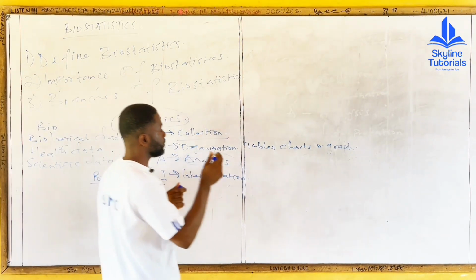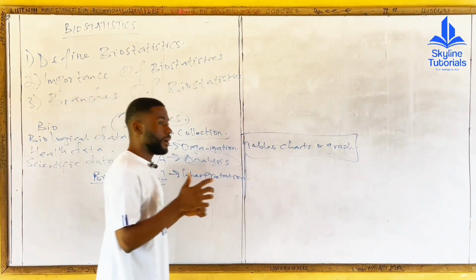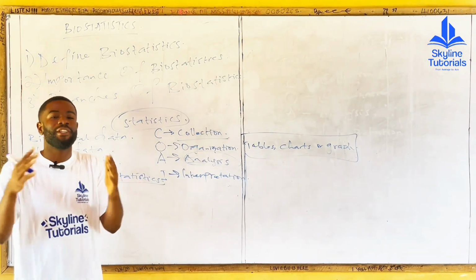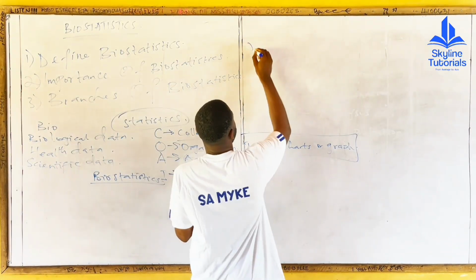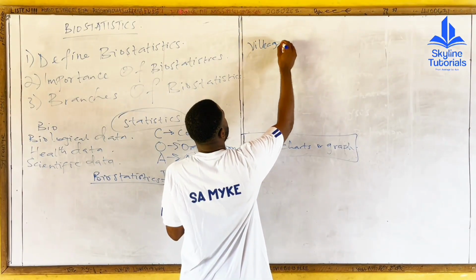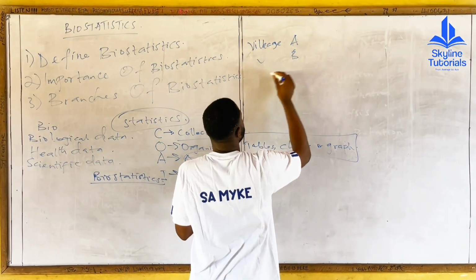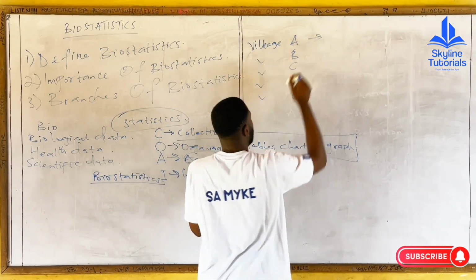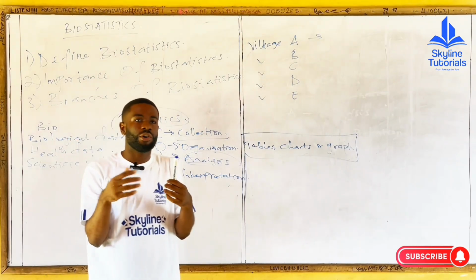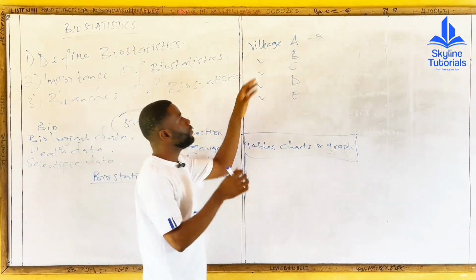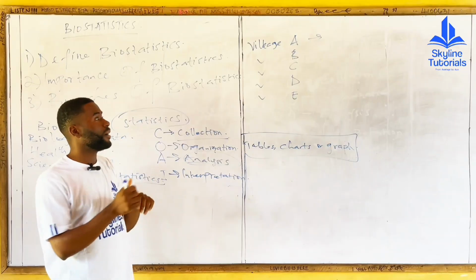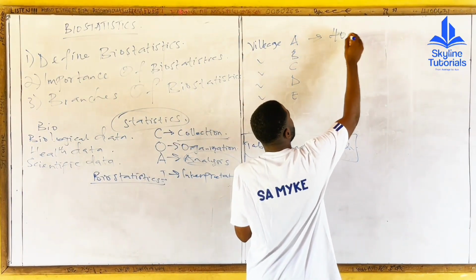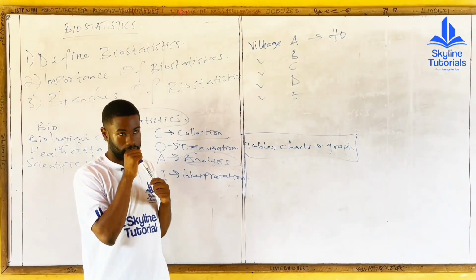If, for instance, a health worker is being sent to different communities, let's say 5 communities. The first we'll look at is village A, village B, village C, D, and E. And in this survey, the health worker discovered that in village A, there were 40 cases of malaria.